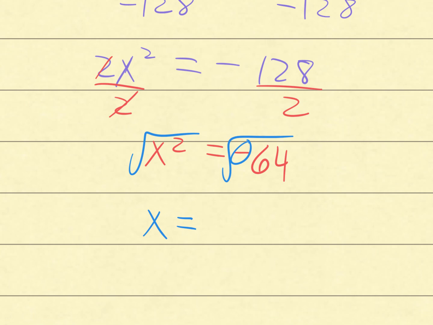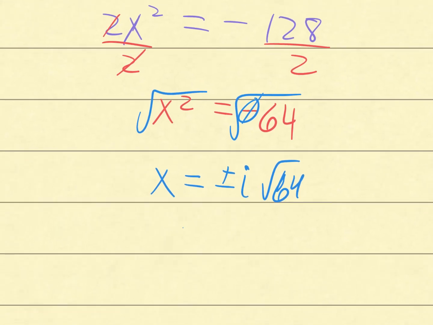If there's a negative under the radical, you need to take it out, make it an i, and then have i times the square root of 64, and you always need the plus or minus. And then the square root of 64 you can simplify. So it becomes plus or minus 8i.